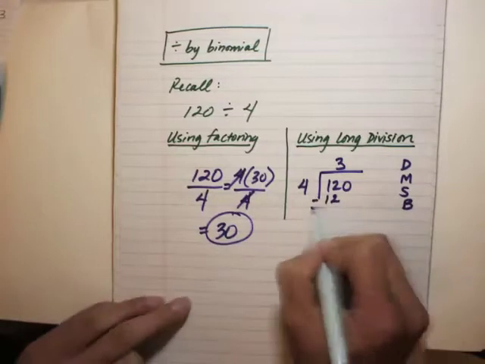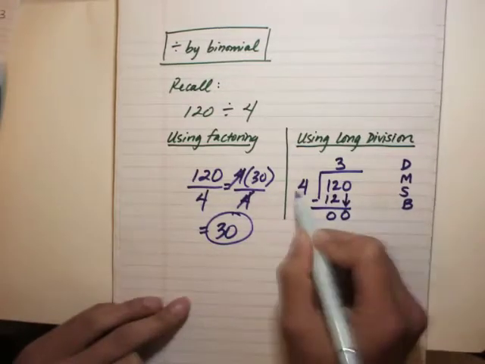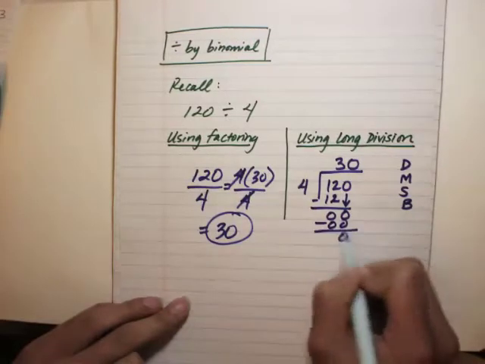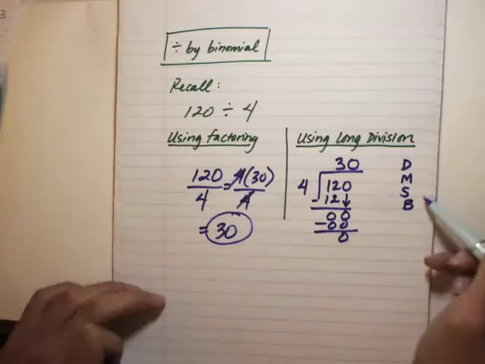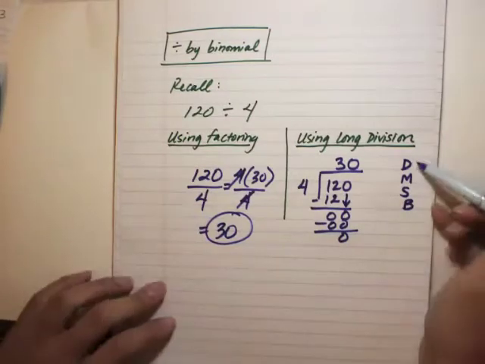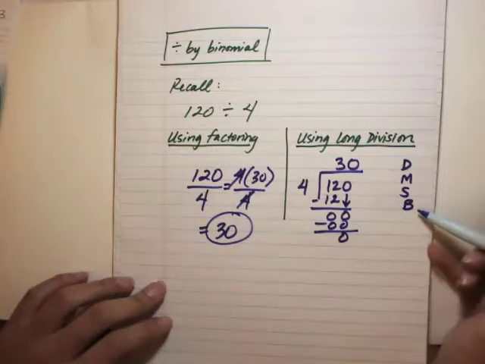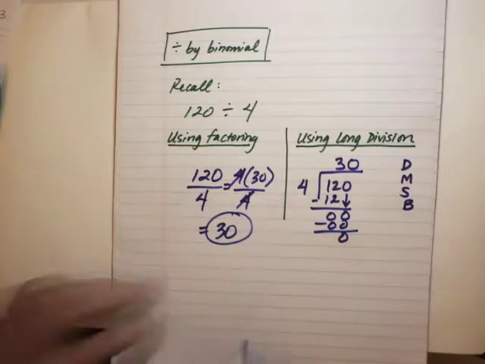You would subtract, and you'd bring down the 0, and you'd repeat. You divide, multiply, subtract, and bring down. DMSB. Quick way, easy way to remember this. Divide for your dad, multiply for your mom, subtract for your sister, and bring down for your brother. And then you repeat. So that's the long division family.